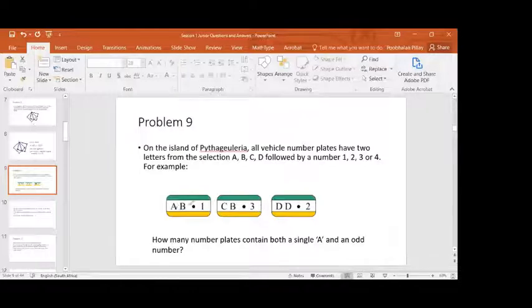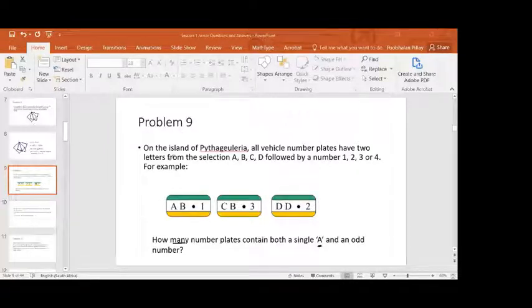Here you've got any two letters from A, B, C, D, and here a number chosen from 1, 2, 3, 4. And the question is, how many number plates contain both a single A, exactly one A, and an odd number?